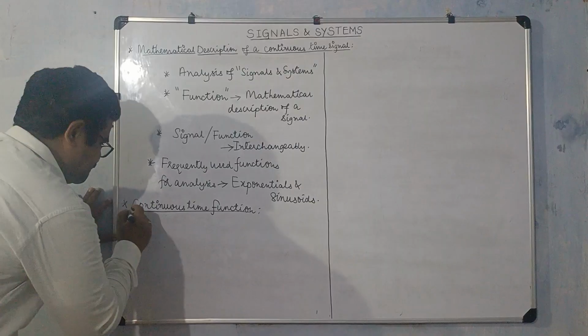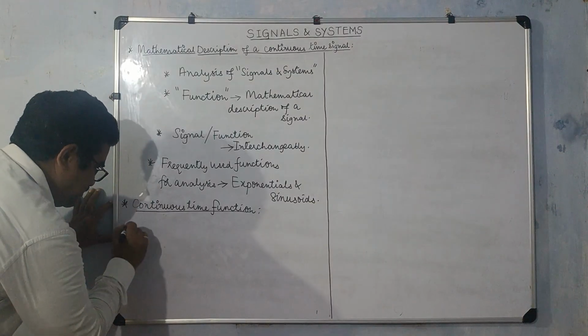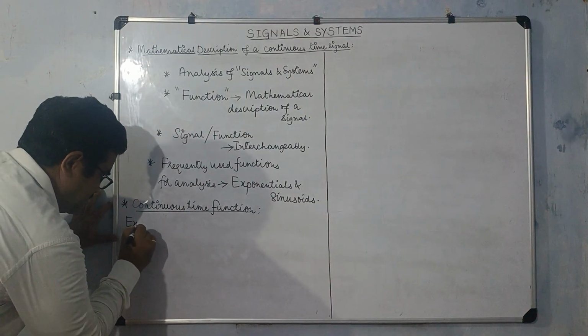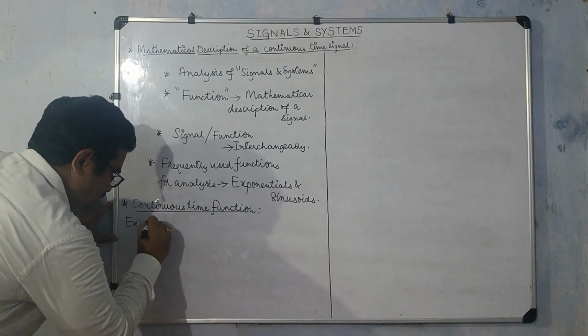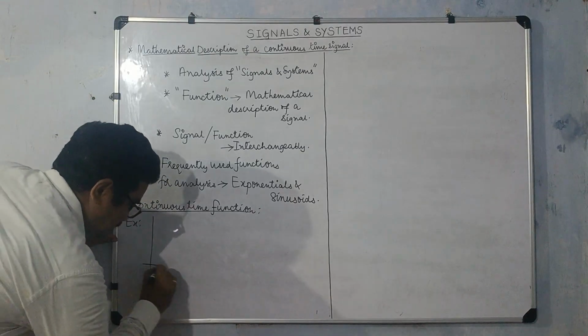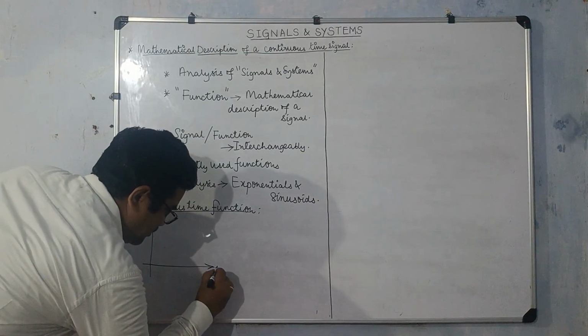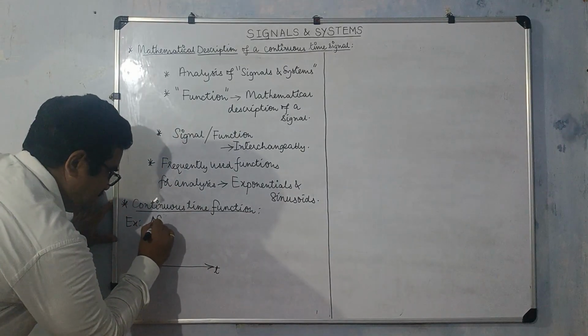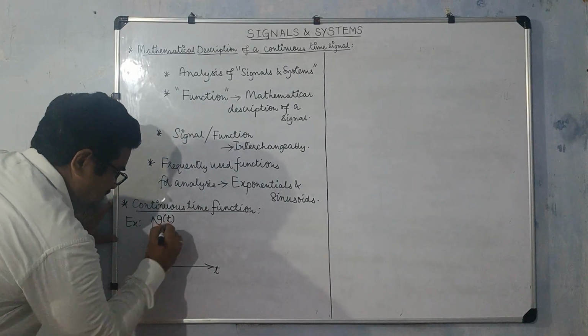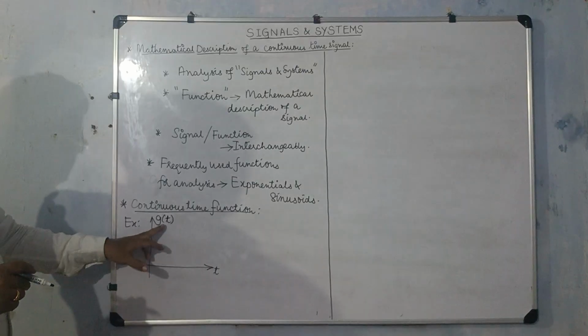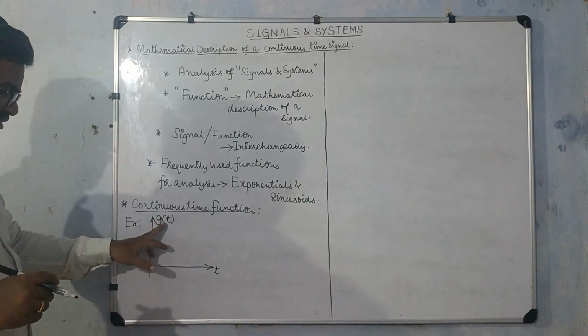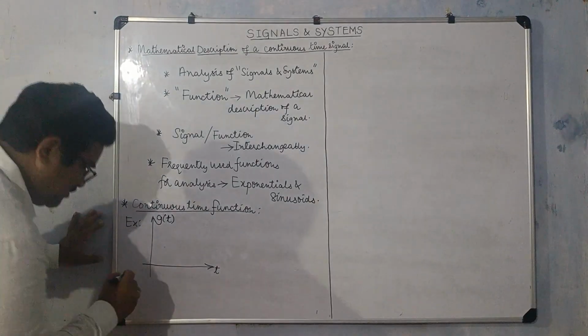We'll see some examples for continuous time functions. Let us say I have a signal or a function g of t. So g is a function which is varying with respect to time.